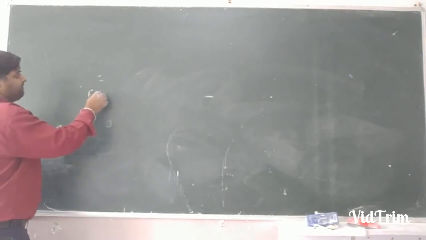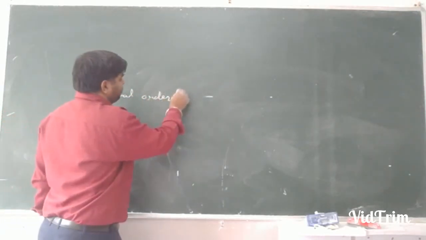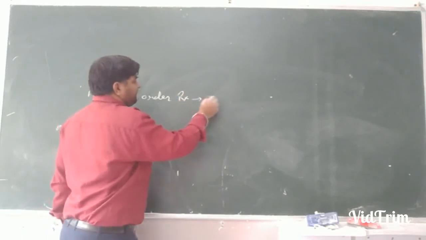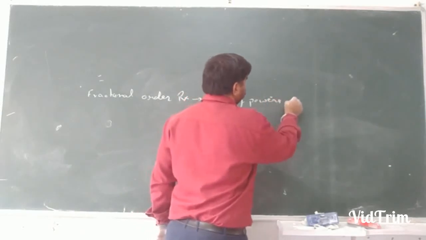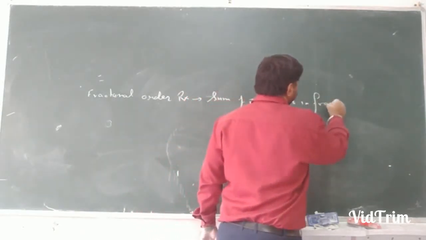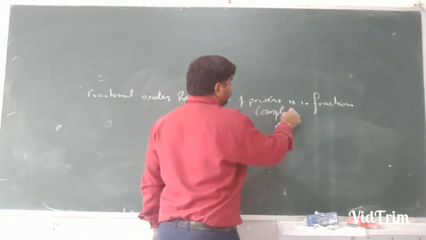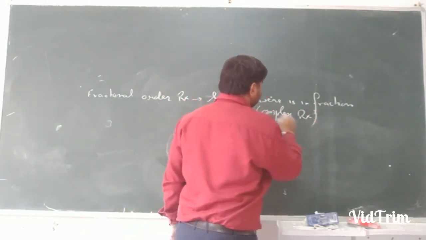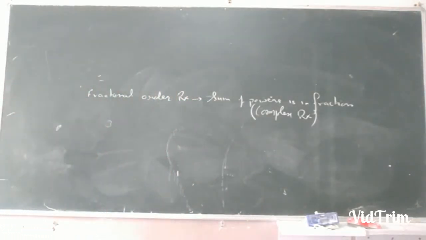Here the sum of powers is a fraction. Generally we use this for complex reactions. Those reactions which take place in more than one step are known as fractional order reactions.